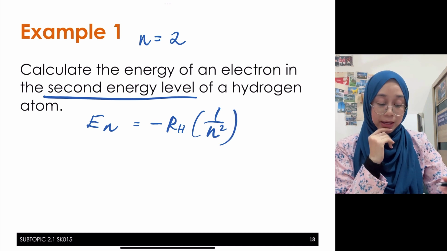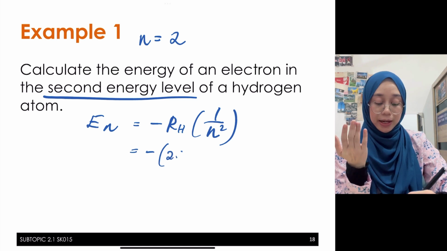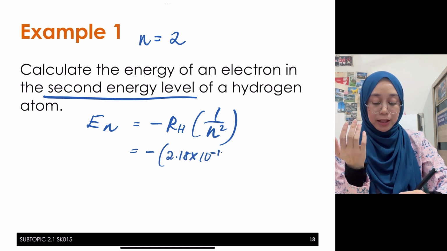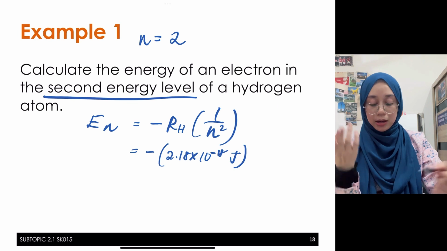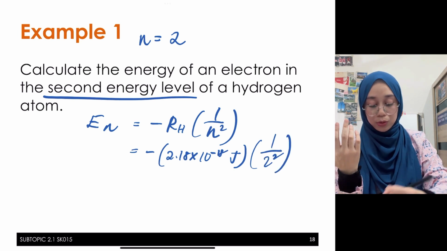Okay, whereby n kita kat sini adalah 2. So Miss masukkan value. So Rydberg constant kita pakai adalah 2.18 exponent negative 18 joule kan. And then untuk energy level kita which is 2 tadi, so 2 squared macam ni.